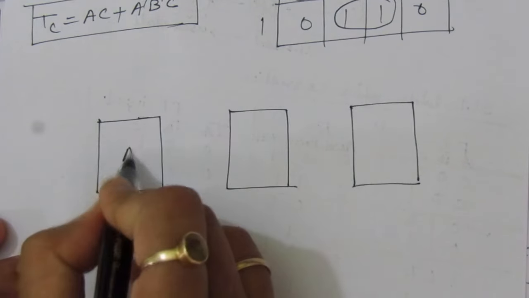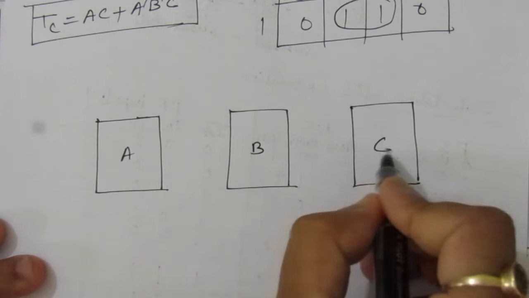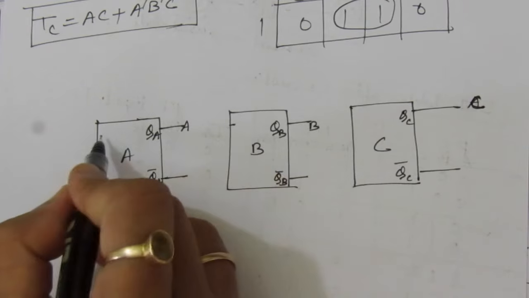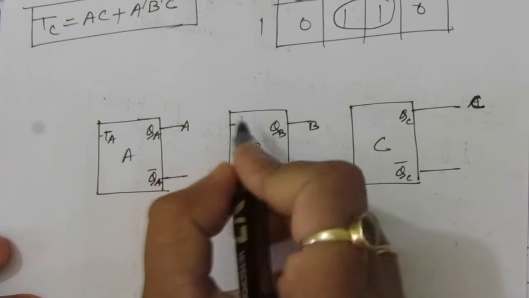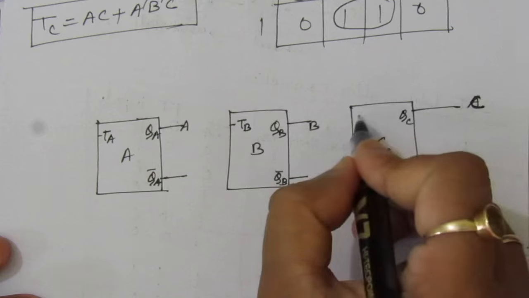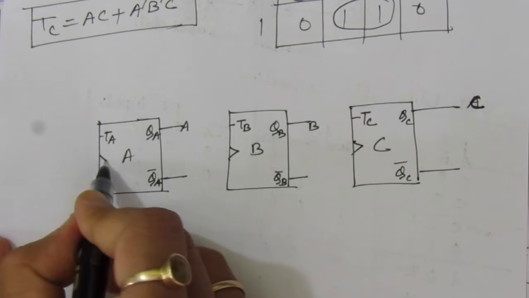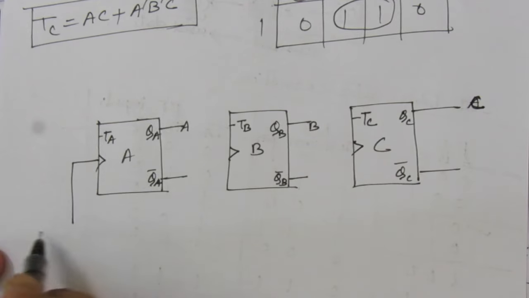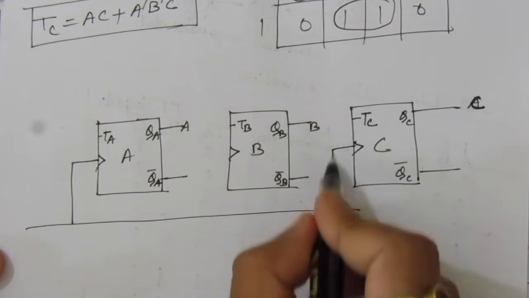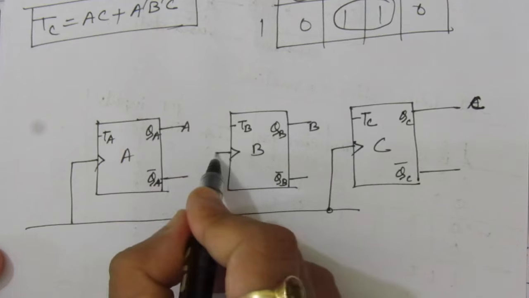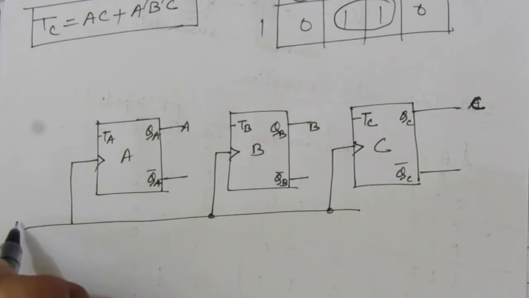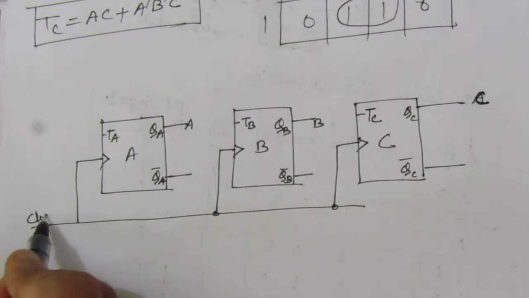And suppose this is A, this is B and this is C. Here we will have this TA, this is TB and this is TC. Let us connect this clock. So connect to a common clock source. Okay. So this is a synchronous counter. So here we'll apply a clock signal.